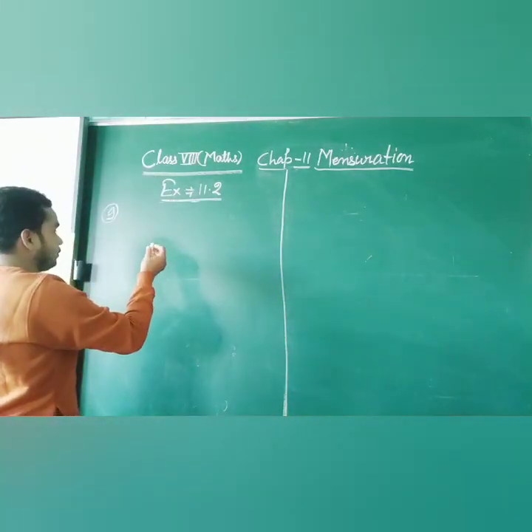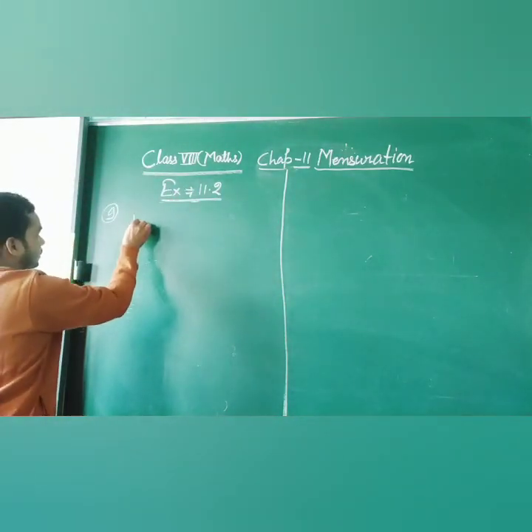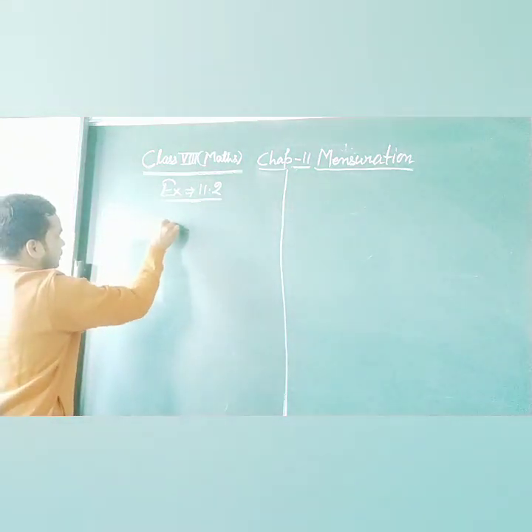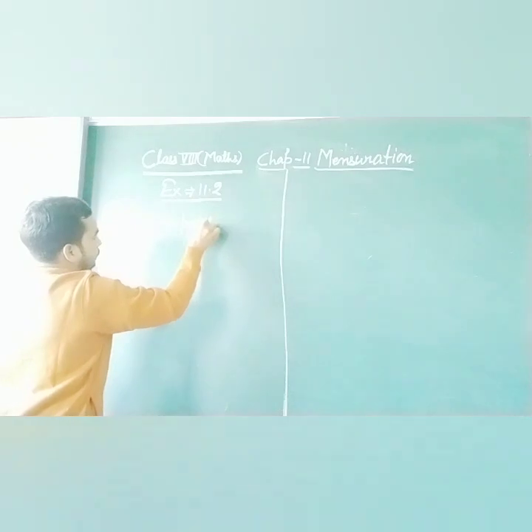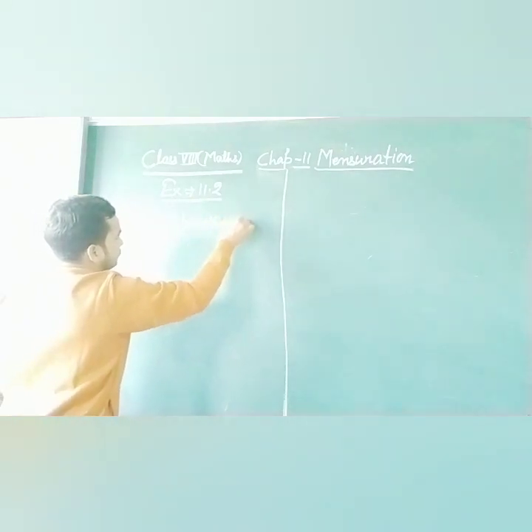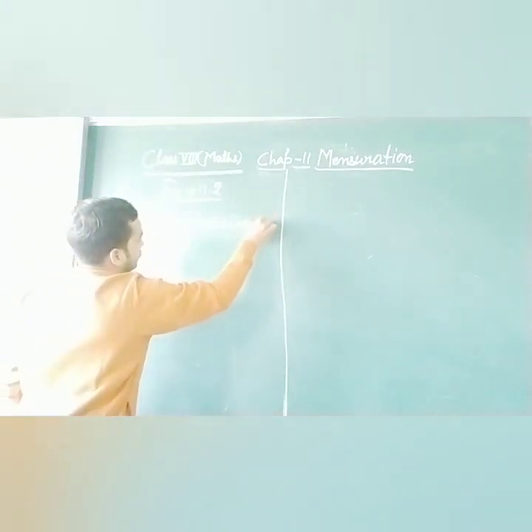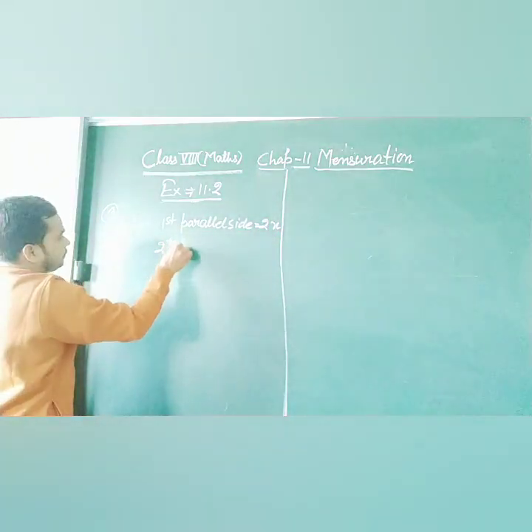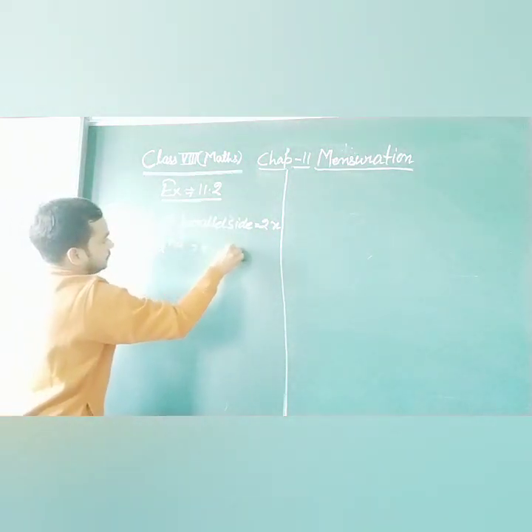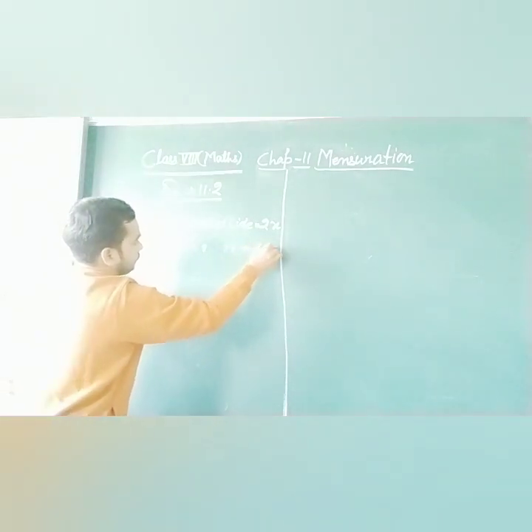So ratio is given. So first we let the first parallel side equal to 2x and the second parallel side be 3x.